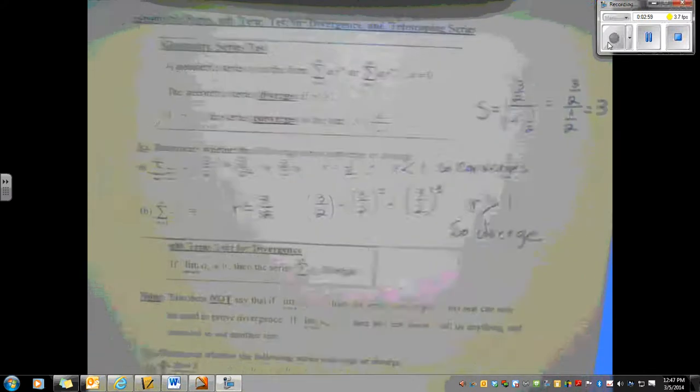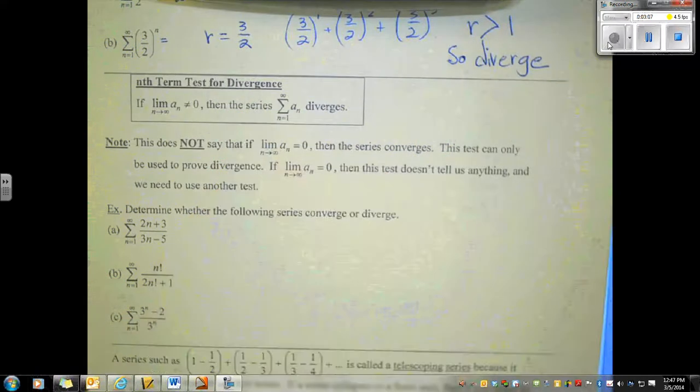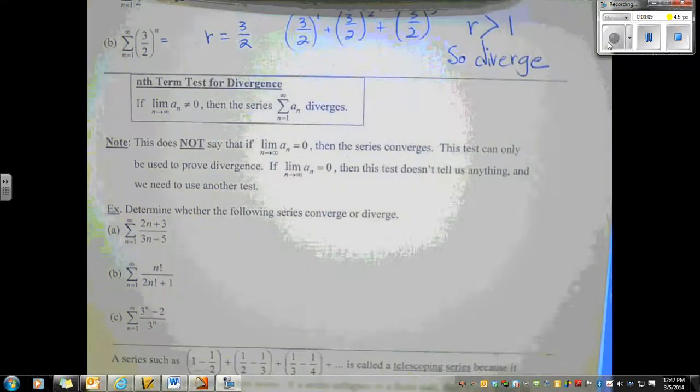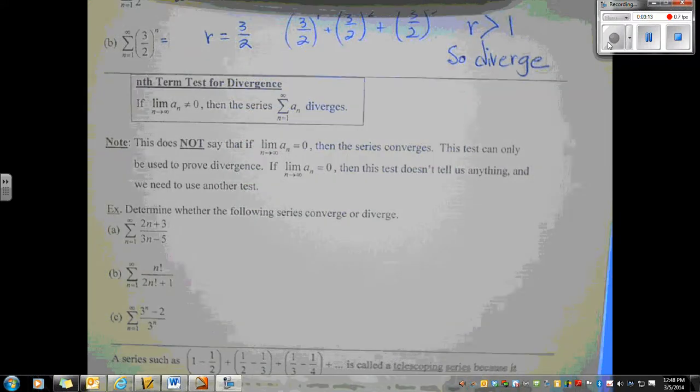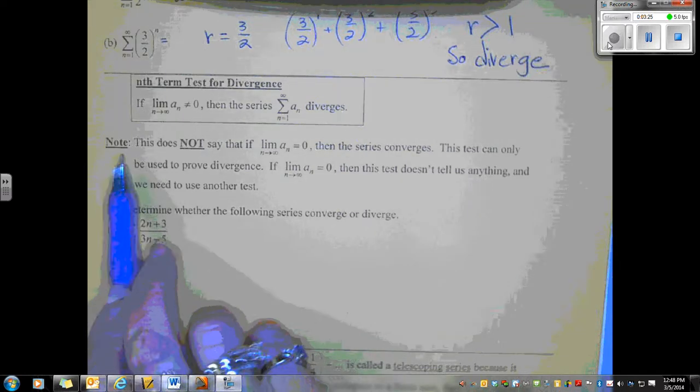Now, nth term test for divergence. Notice it doesn't say for convergence. Notice it says divergence. If the limit as n goes to infinity of a sub n does not equal 0, then the series from n equals 1 to infinity of a sub n diverges. This is very important right here.